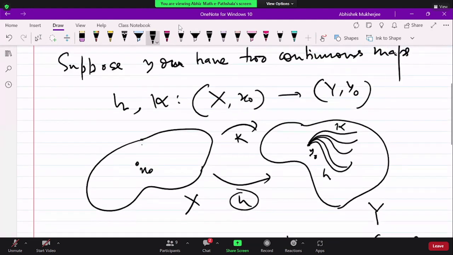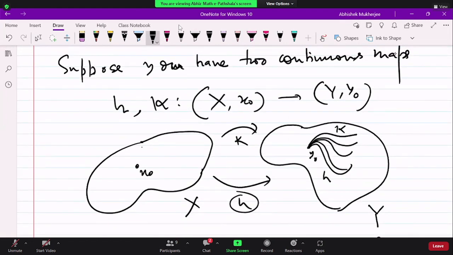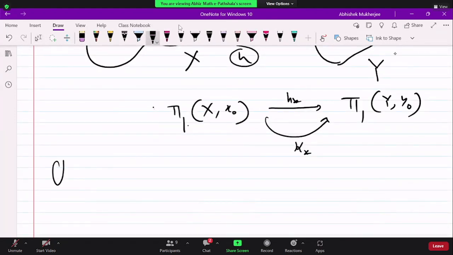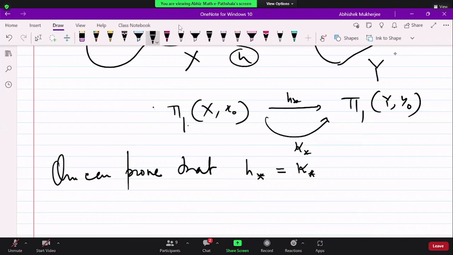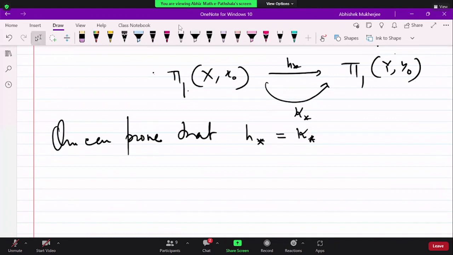Now, since these two maps are homotopic to each other, keeping in mind that the base point X naught remains fixed at Y naught during that homotopy, one can prove, this is an easy exercise, that these two homomorphisms will coincide. Just using the definition, you will get the result.